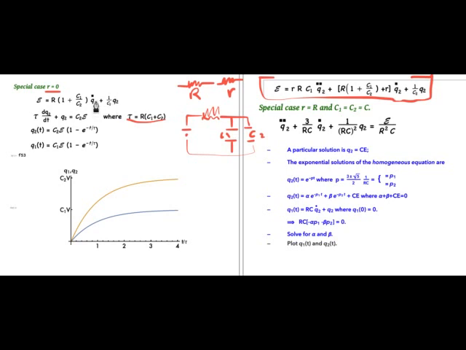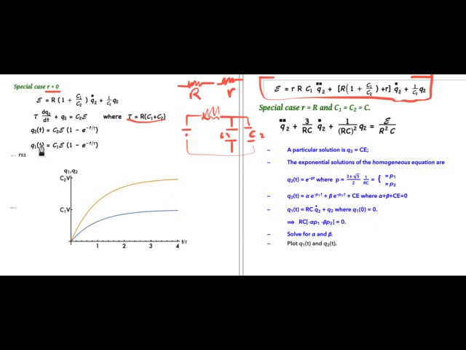And that combines with Q2 dot. So you see the equation has now simplified. It's only a first order equation now. And in fact, it's just like the equation for charging one capacitor. Q2 will be C2 E times (1 minus e to the minus t over tau).